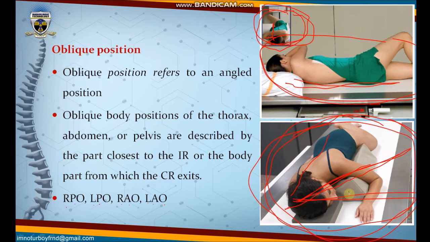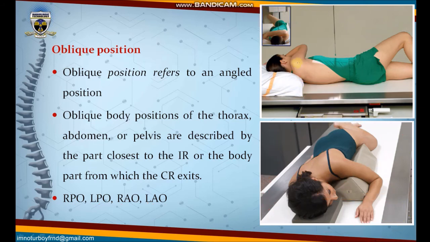With right anterior oblique and left anterior oblique positioning, the projection would be PA oblique projection, because the central ray enters the posterior and exits the anterior.